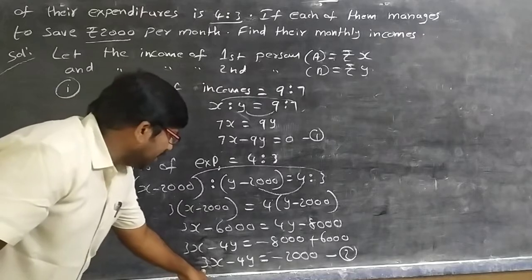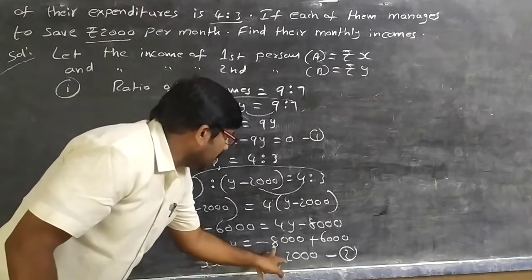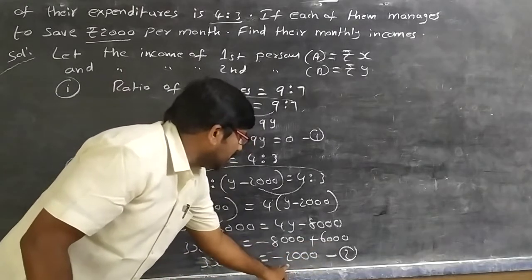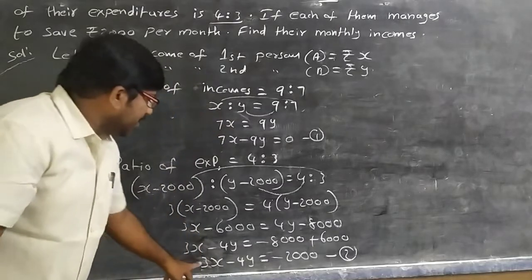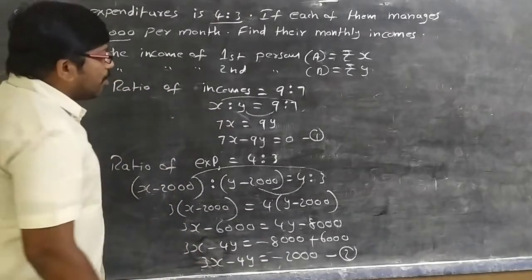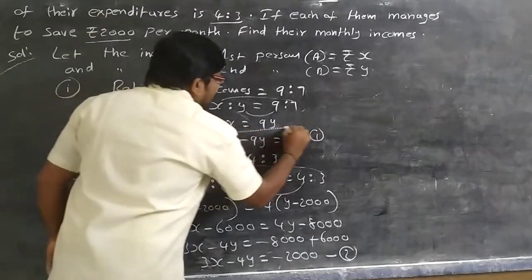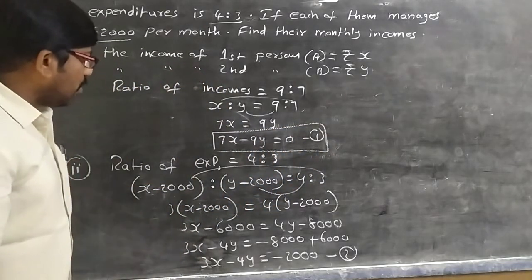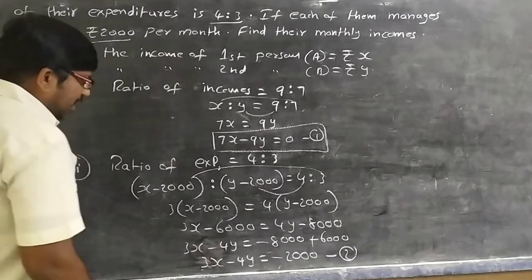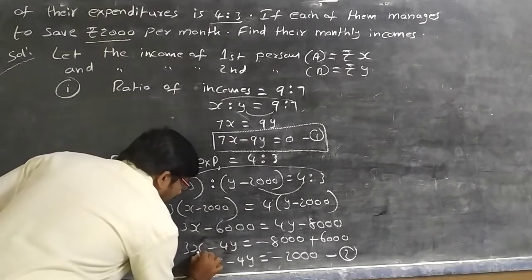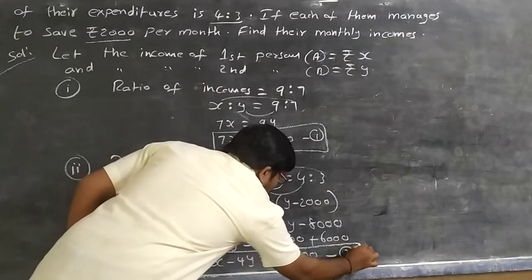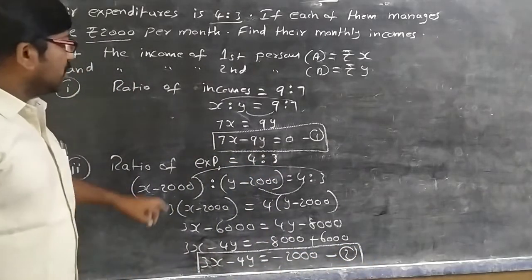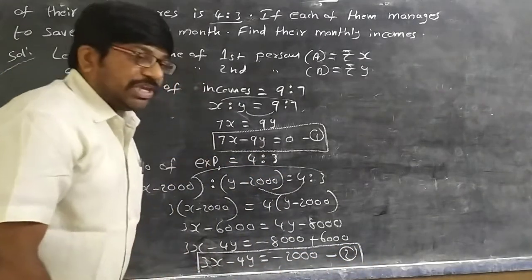Then 3x minus 4y is equal to minus 8000 plus 6000, which is minus 2000. It is equation 2. Now we have two equations. First equation 7x minus 9y is equal to 0 and next equation 3x minus 4y is equal to minus 2000. So these two are two equations.